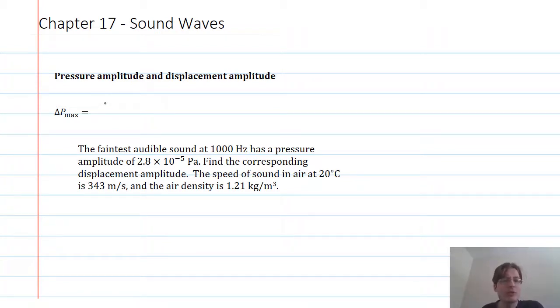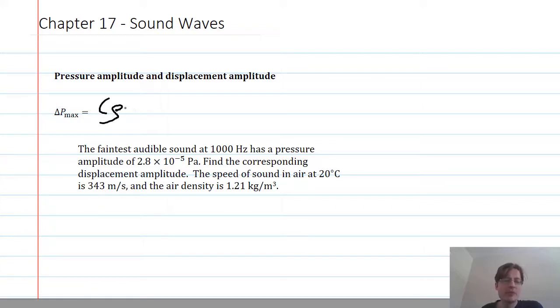What you do is you take the density of air, that's the ambient density of the air, multiplied by the speed of sound, which is about 343 meters per second, and you take that, multiply omega, that's the angular frequency of the sound, multiplied by S max. S max is the actual air displacement, the actual distance the air molecules shift in the sound wave.